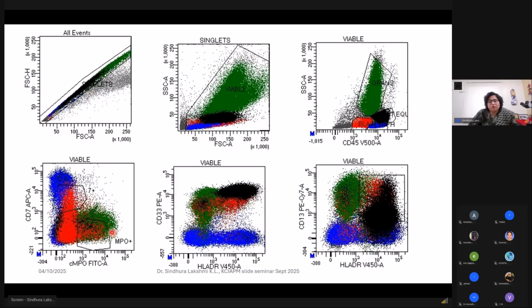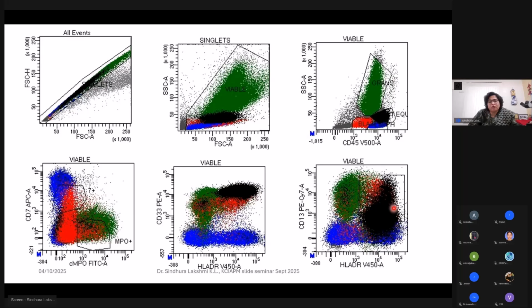Even in flow, only about 10 to 12% of the blasts were actually MPO positive. The background green population is granulocytes for internal control. A small subset also showed CD7 positivity. CD33 was nicely positive. The black population over here is coming from the monocyte region.